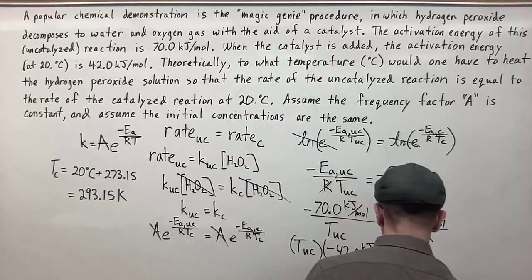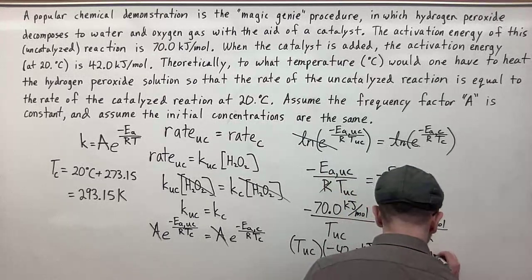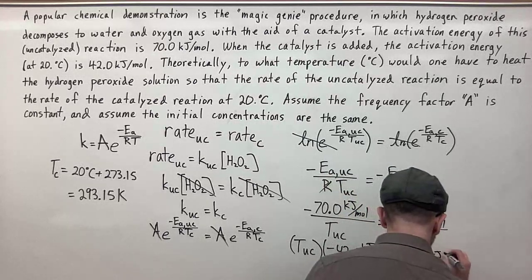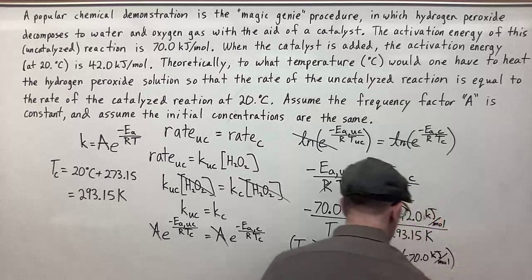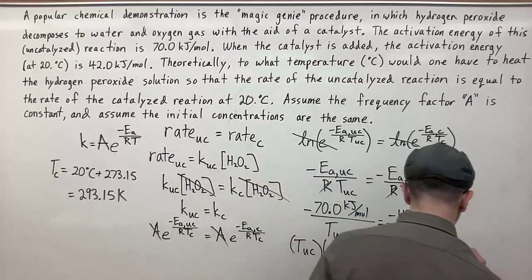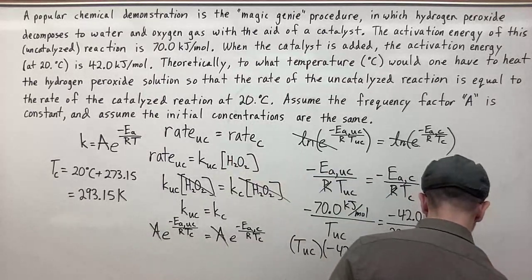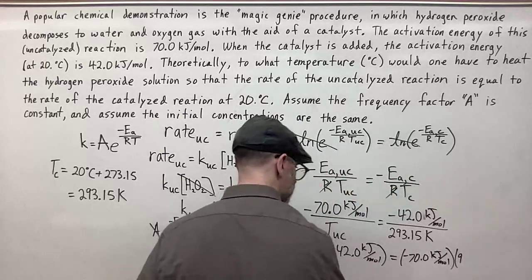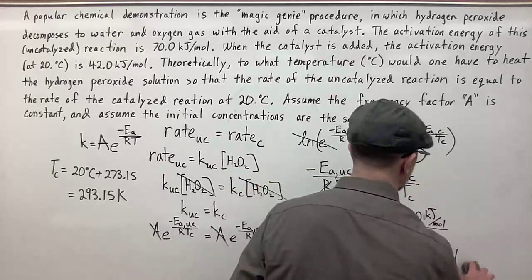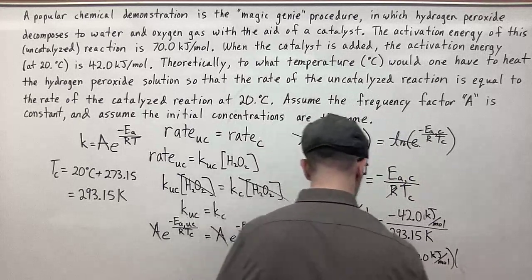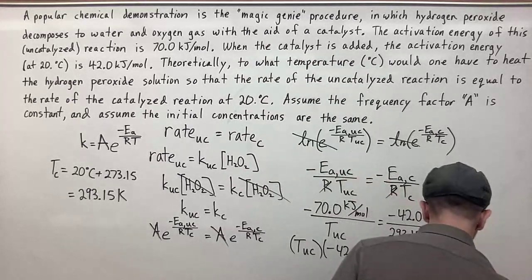and that's going to be equal to these two multiplied together, so we're going to have negative 70.0 kilojoules per mole multiplied by the temperature, 293.15.